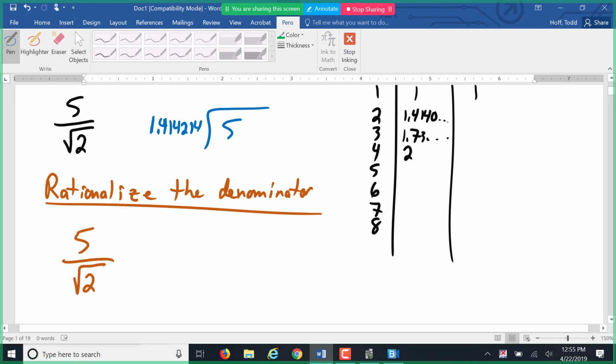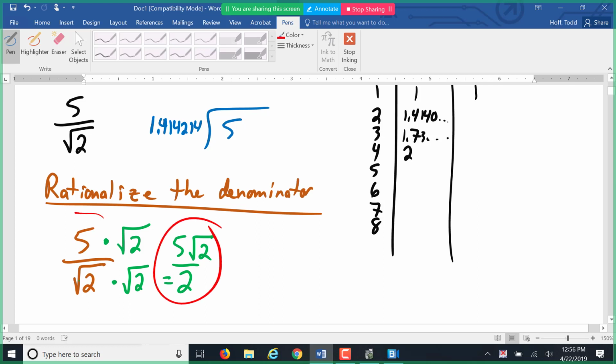Remember, we can multiply the numerator and the denominator of a fraction by the same number. Since this is a square root of 2, if I multiply by another square root of 2, square root of 2 times the square root of 2 is just 2. It eliminates that radical. I have to multiply the numerator by the same thing. 5 times the square root of 2 is 5 times the square root of 2.